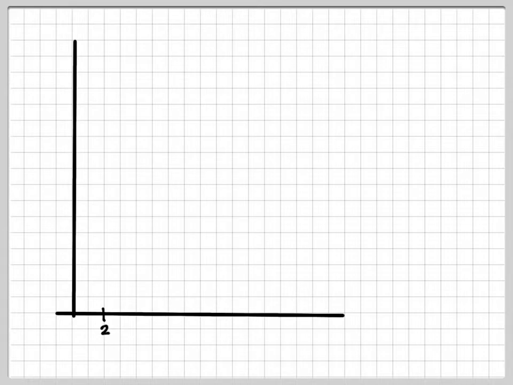So I'm just going to label with the last digit, 2000. I'll space them out too. 2003, 2004, 2005, 2006, 2007, and 2008. So this is the year.